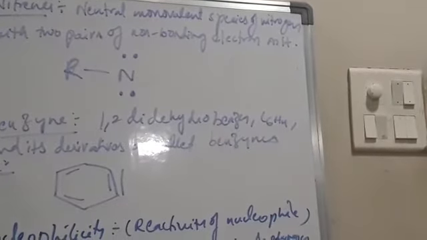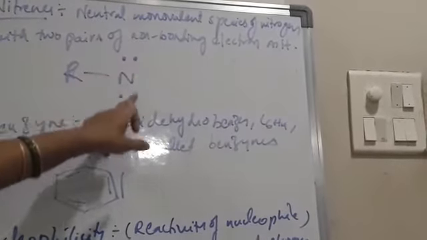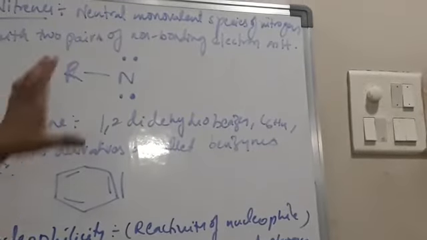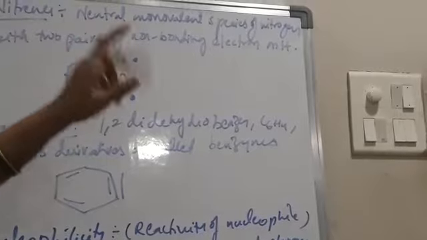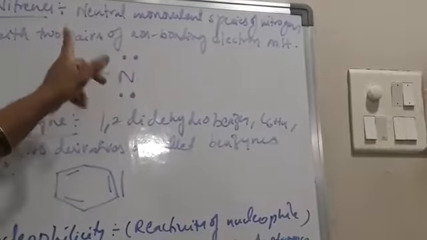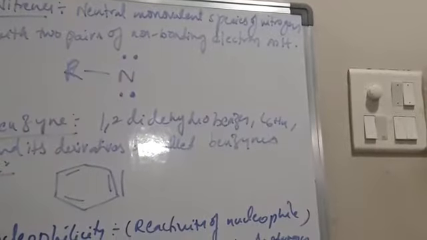These are also reagents. Nitrogen having 2 lone pairs of electrons, so this is a neutral molecule. Monovalent means the valency is 1, so one covalent bond is present here.